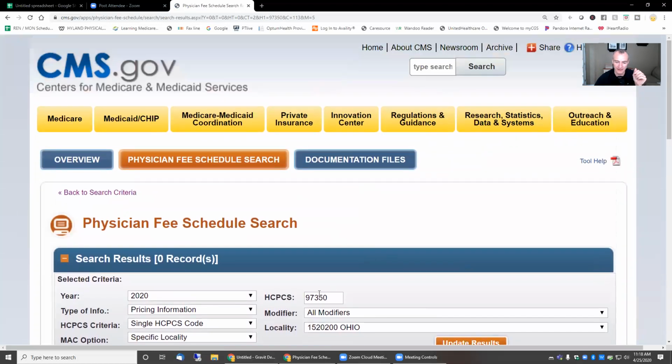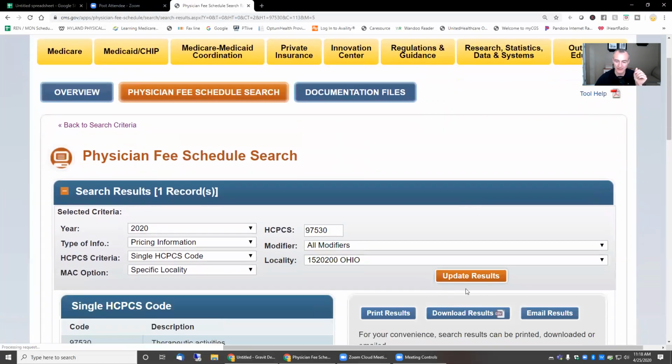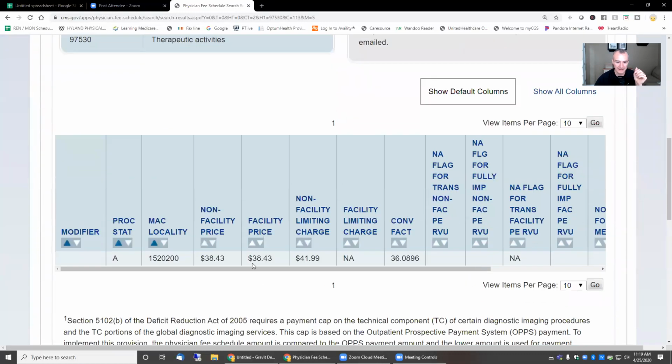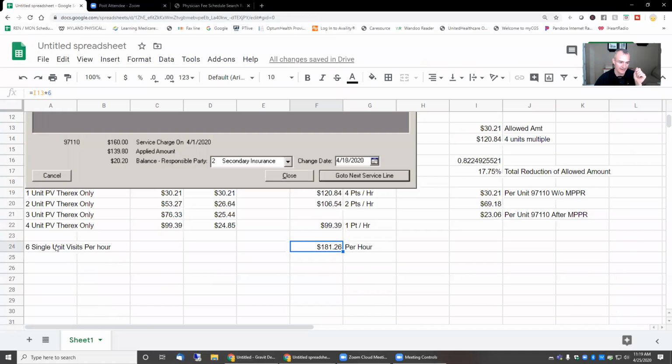Oops. How many times have I typed this and I still type it wrong? We are looking at, let's say 6 single unit Therex visits per hour.